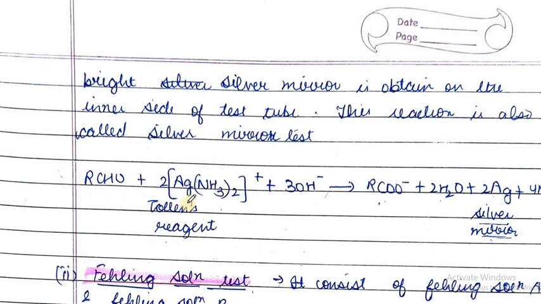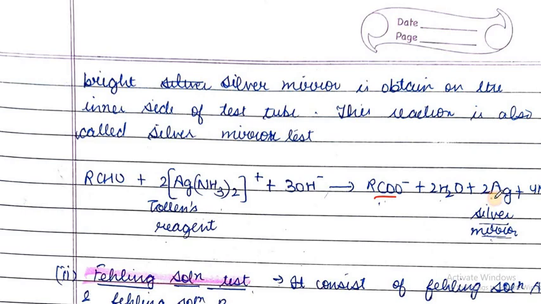This is the aldehyde, and when we treat it with ammoniacal solution of silver nitrate, which gives this complex ion, that is Tollens reagent, it reacts in alkaline medium to give the salt of the acid, water, silver mirror, and ammonia.